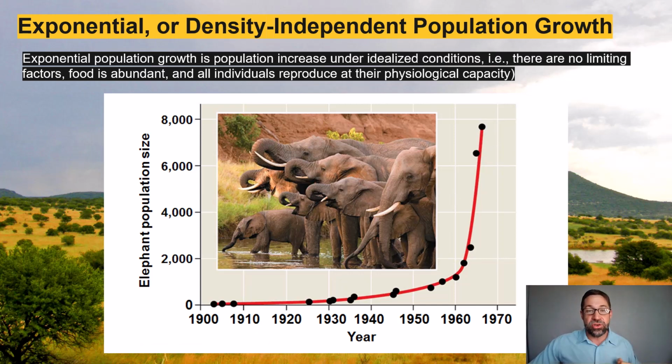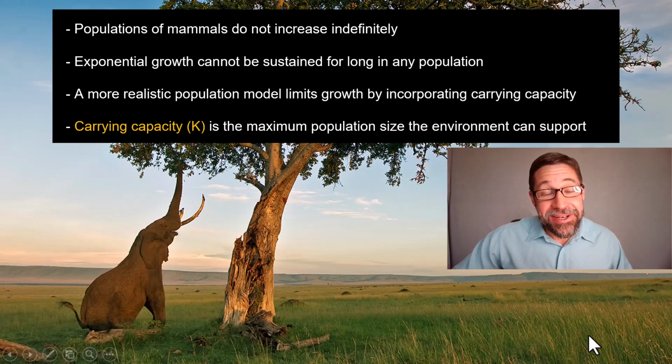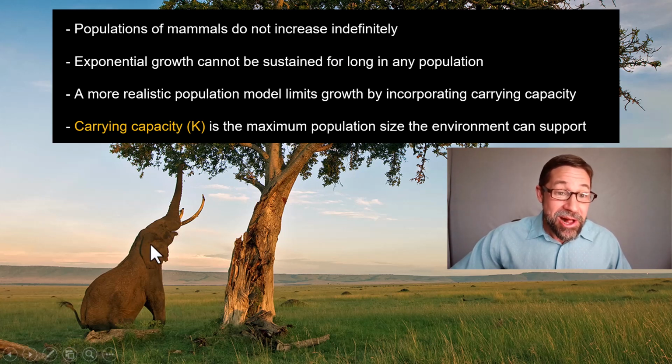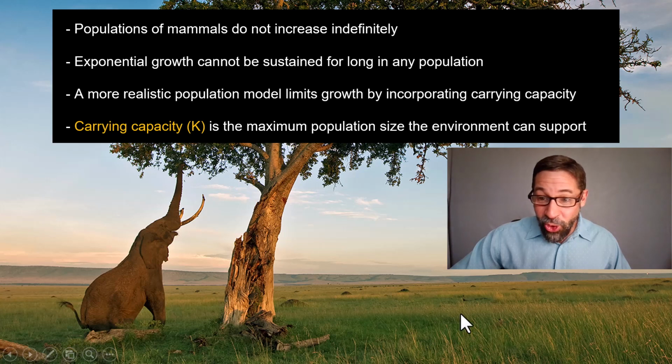Exponential population growth under idealized conditions. But populations of animals cannot increase indefinitely, especially large-bodied elephants that are destroying trees on the savannah.